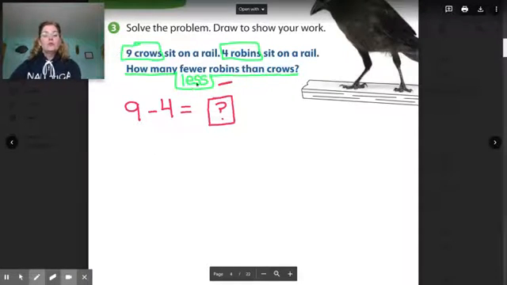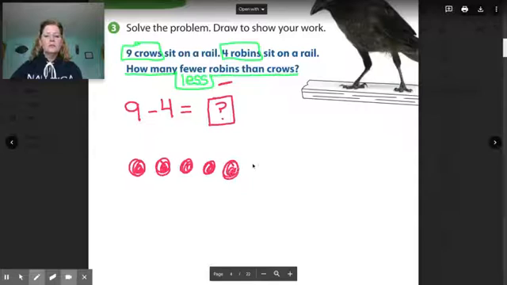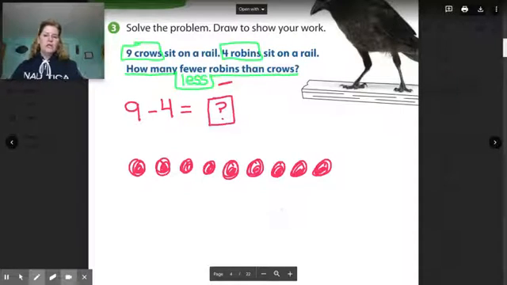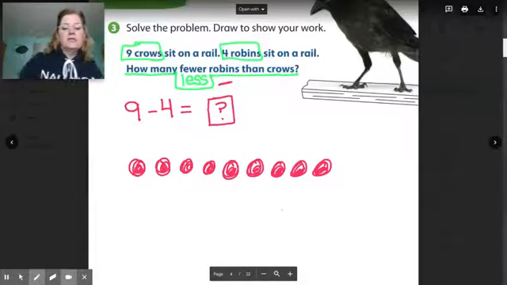So I'm going to draw my 9 crows. I'm just going to draw them in a row. 1, 2, 3, 4, 5, 6, 7, 8, 9. Now I know that some of you are probably saying, well, Mrs. Knudson, you didn't make a 5 group first.